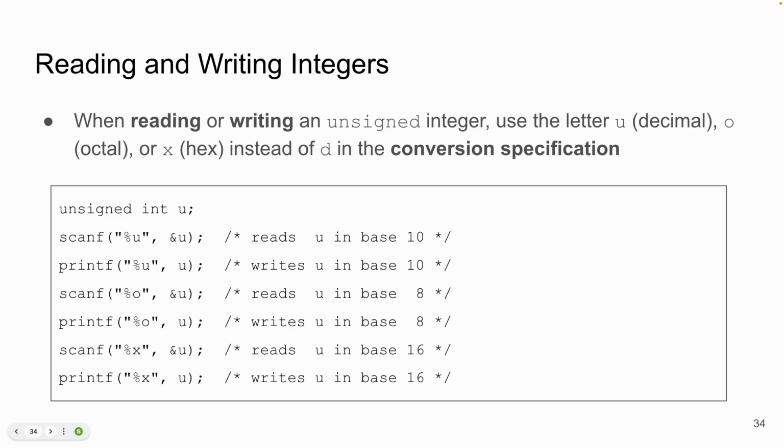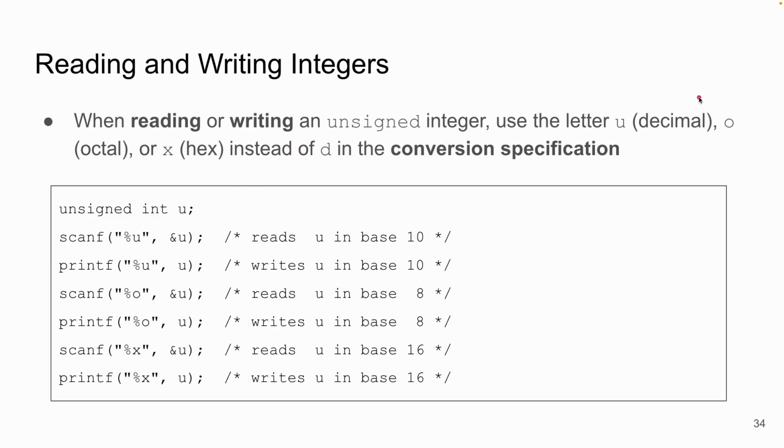Okay, so let's continue. After talking about integer constants and different types of integer variables, how can we read and write all these different types of integers? To read and write an unsigned integer using scanf and printf, we need to add some special conversion specifications.